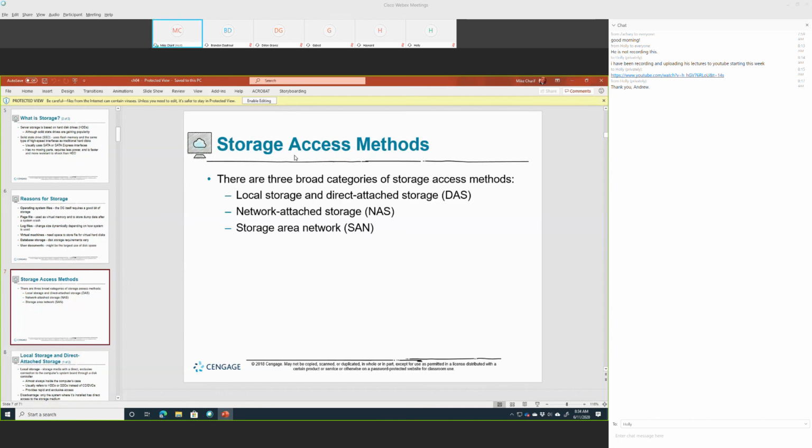There are 3 broad categories of storage access methods, which are local storage and direct attached storage, DAS. Direct means it is directly connected to your machine. Okay, that's local storage.